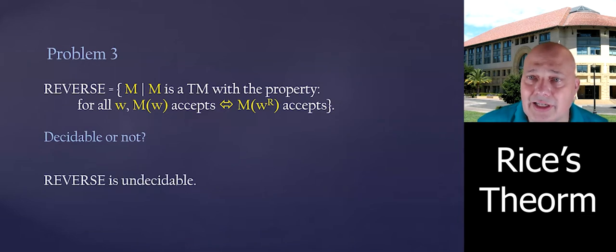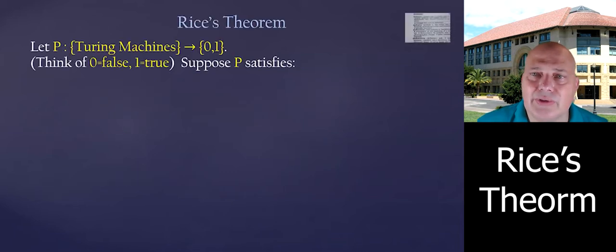So it is undecidable, but we will not need a specific reduction for that. We will conclude it from Rice's theorem. So what is Rice's theorem? It looks at languages over Turing machines that are defined by a predicate P with some property.